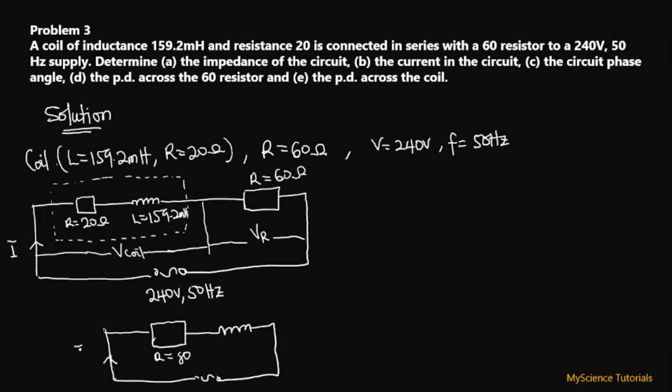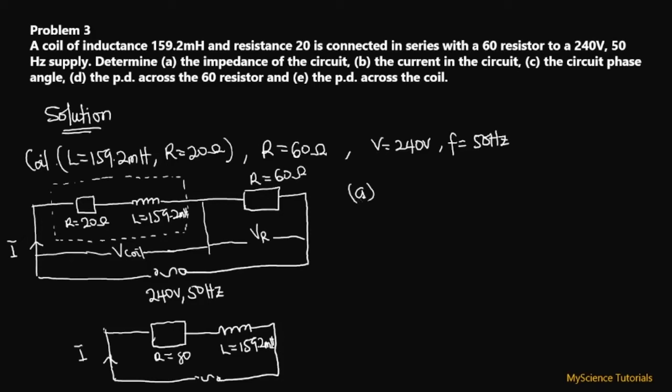So over here we have our current, and we have our inductance to be 159.2 millihenry. So we can simplify this entire circuit as something that looks like this. All right, so now that we are done drawing the circuit diagram and we've fairly understood the components that we have, let's go ahead and answer the questions that follow.